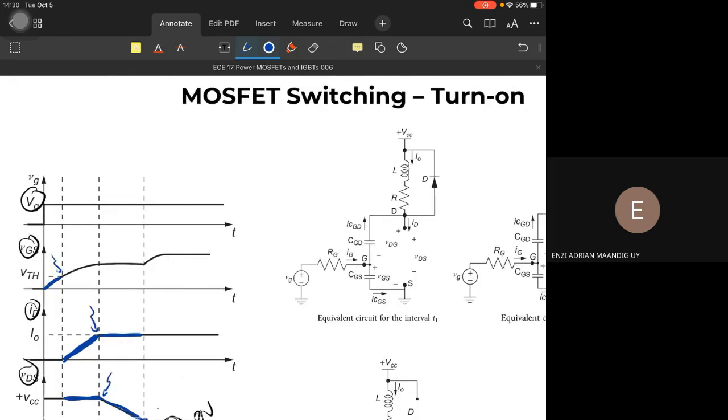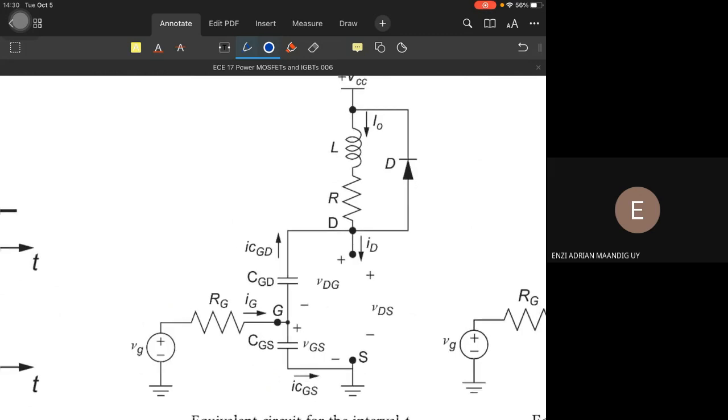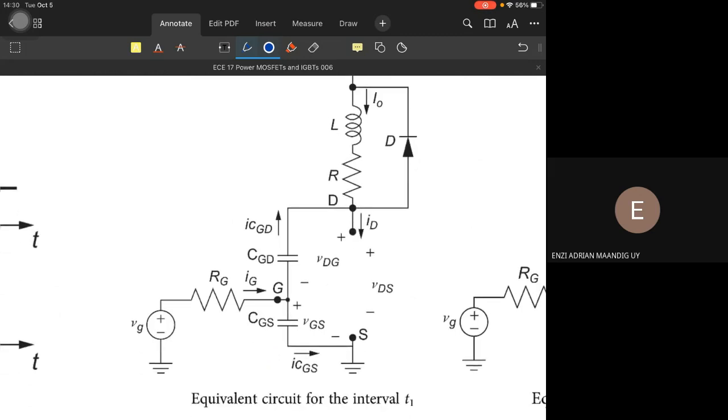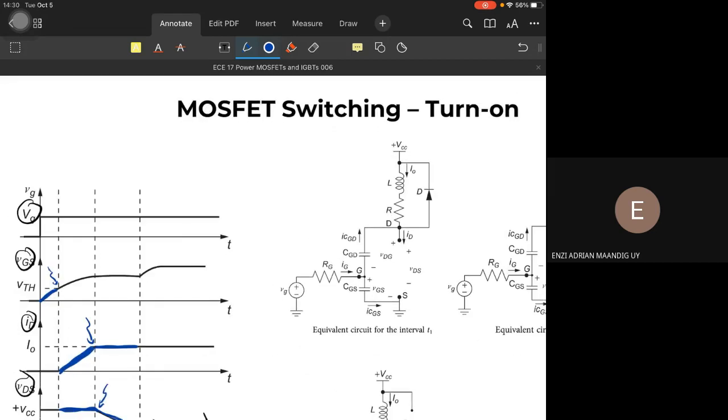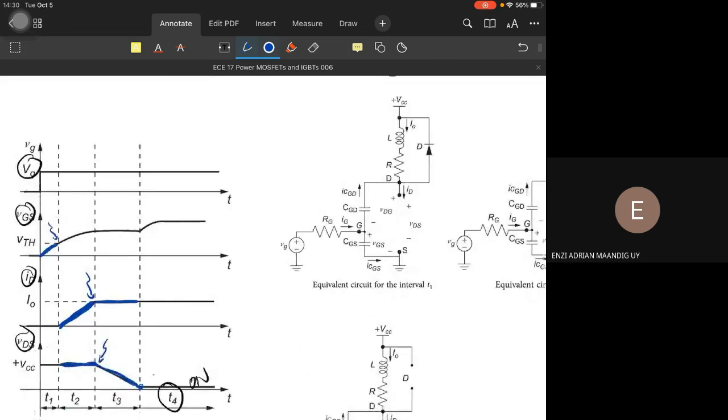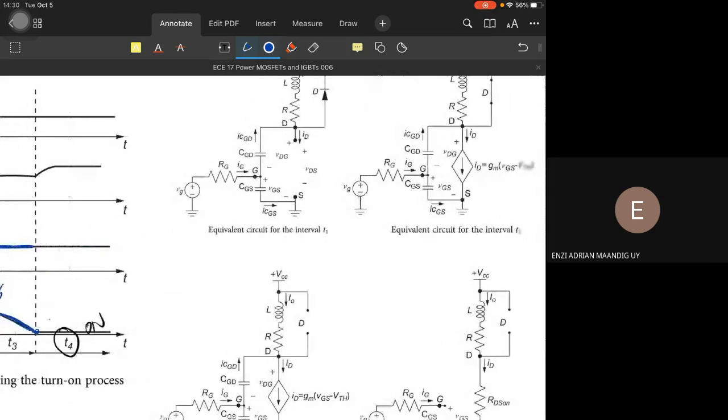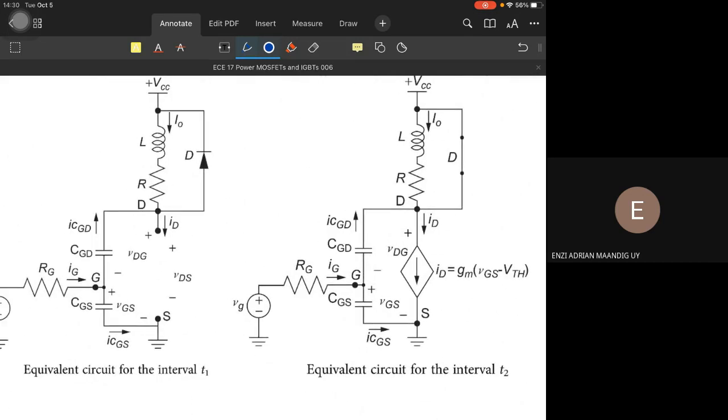So T1 acts as if it is open. Since VTH has not been reached, we have no current source here, so it is still empty. Then T2, in the second phase, ID increases to a constant level. So T2, ID is increasing.